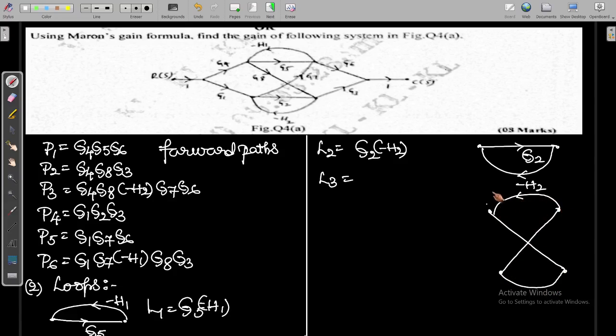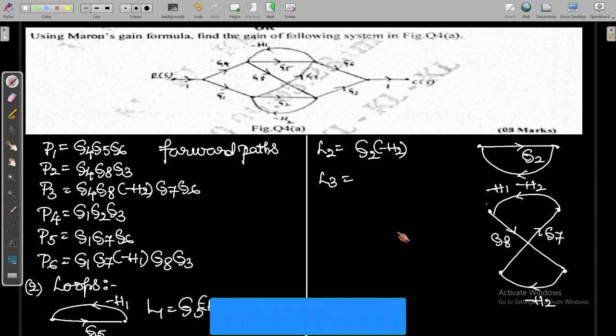So here you will have minus h1, here you will have g8, next here it is g7, and next here this one is minus h2. So this is another loop. We can write that also.